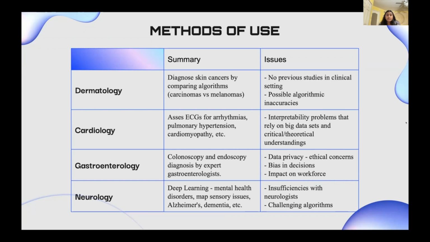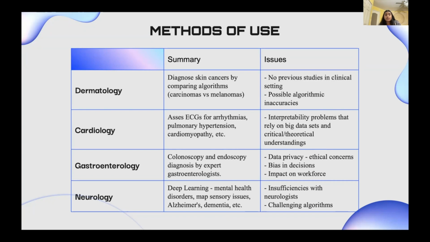Also, colonoscopies and endoscopies can be diagnosed and can be matched by expert gastroenterologists. And lastly, deep learning can be used to diagnose mental health disorders, map sensory issues, and provide further research in the areas of Alzheimer's and dementia.